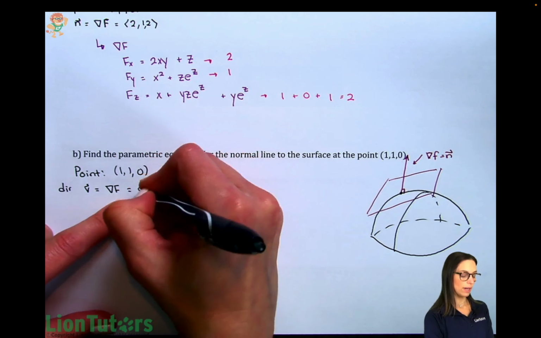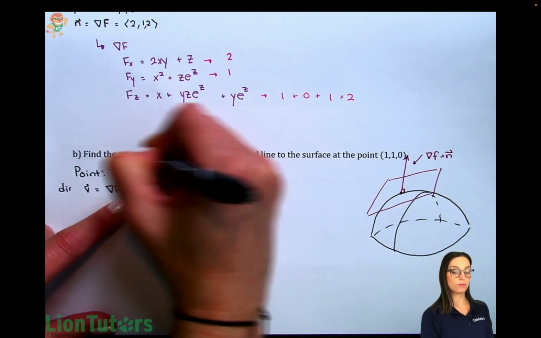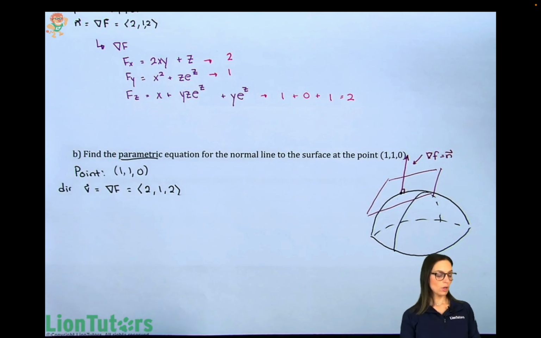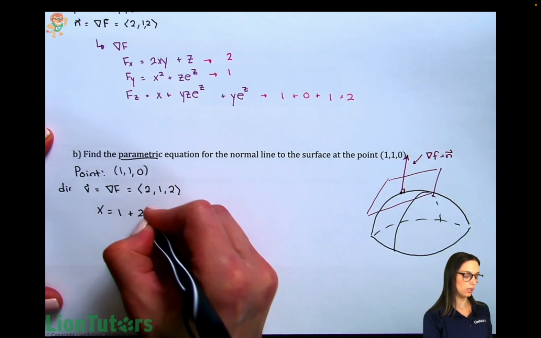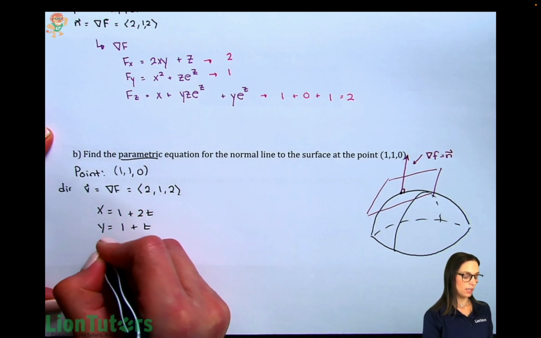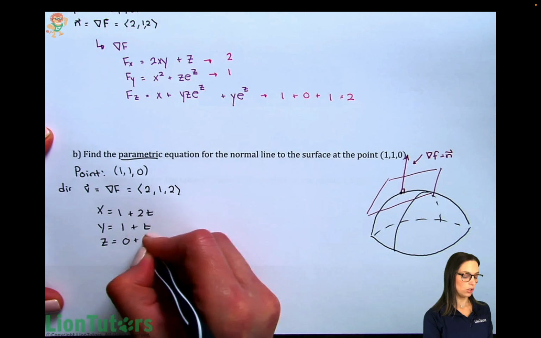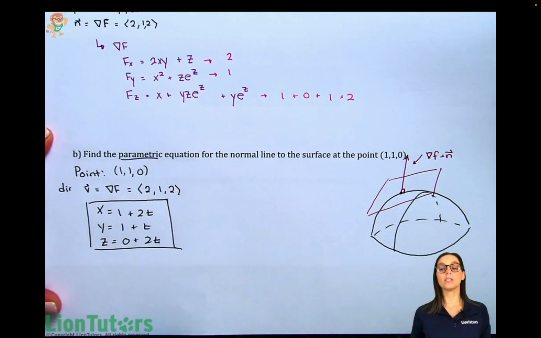Our direction vector, or our gradient, was 2, 1, 2. They're asking for the line in parametric form, so I'm going to write this as x equals 1 plus 2t, y equals 1 plus t, and z equals 0 plus 2t, and that would be the equation of our normal line.